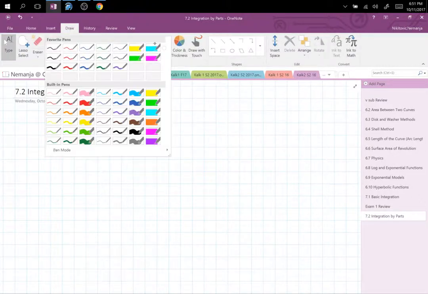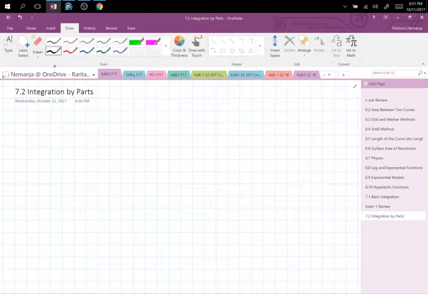We start by realizing what integration by parts is, and that is backwards product rule.